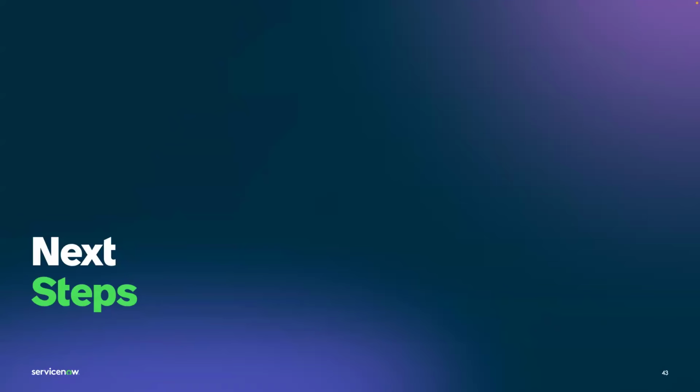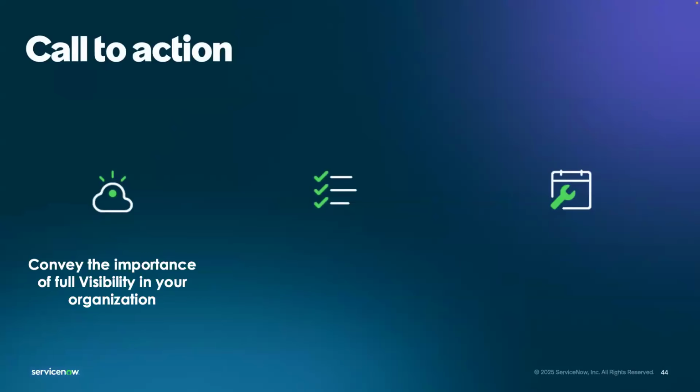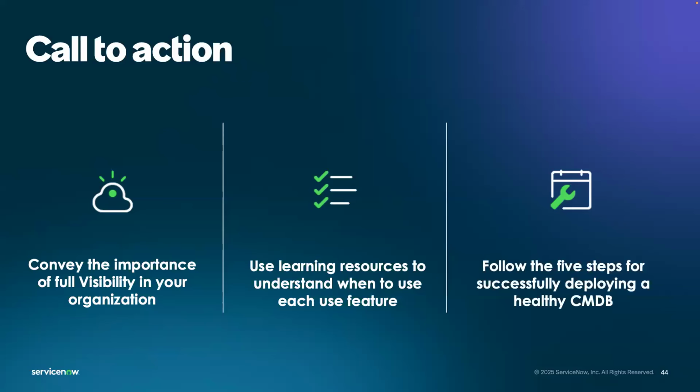So let's talk about next steps. Really what we have is a call to action, right? We really want you to be able to discuss the importance of full visibility within your organization, right? Especially for folks that work for organizations where CMDB may be a four letter word. How can visibility help your organization, right?